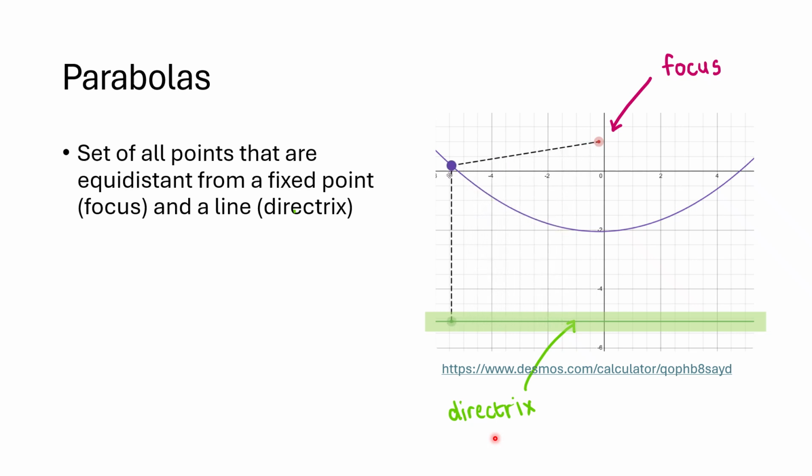And you can see, again, always the distance between our point and the focus is the same as the distance or the shortest distance from the point back down to the directrix. So if we have this and we put together all of those coordinates and we connect them, they will trace out the shape of a parabola.